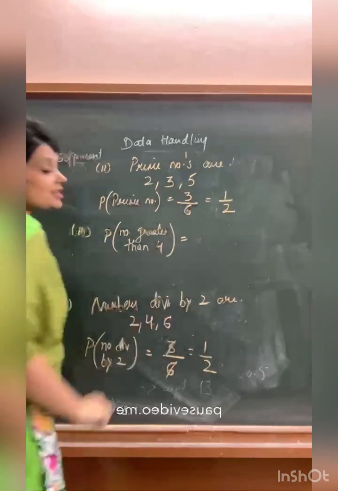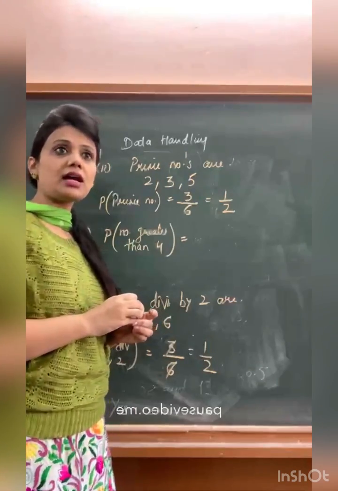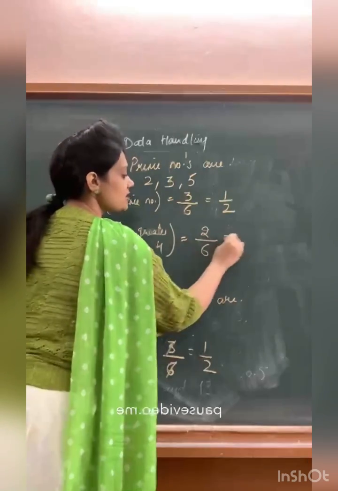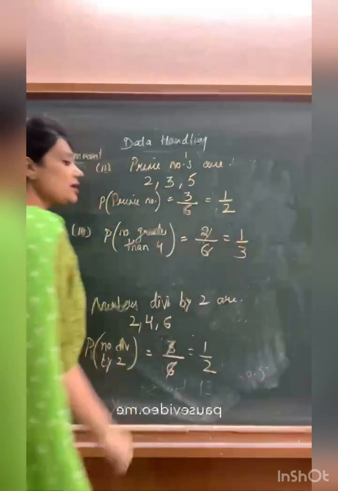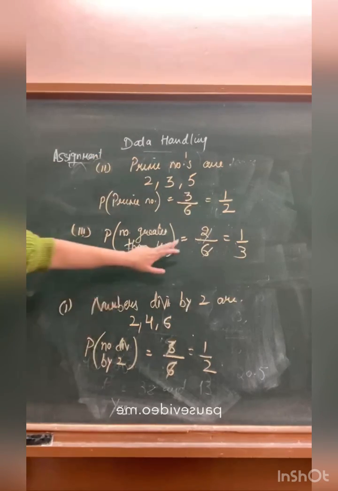So how many numbers are greater than 4 in a dice? Number 5 and number 6, that is 2 numbers. So the probability is 2 over 6, it is 1 by 3, right? So you have to answer the probability questions like this.